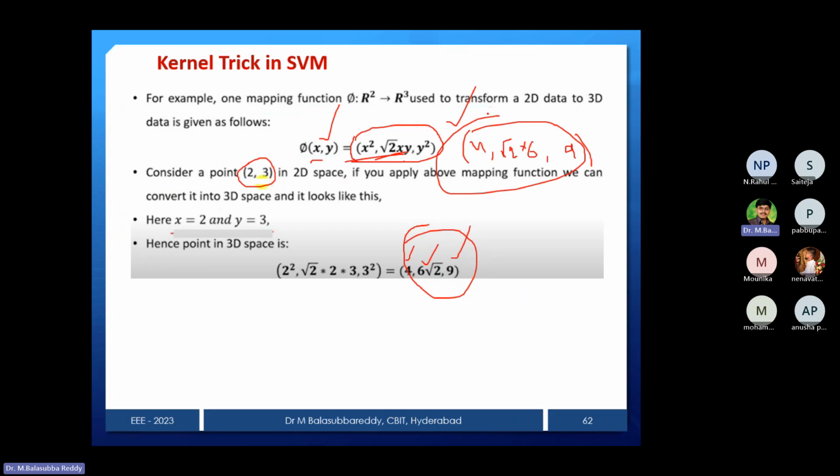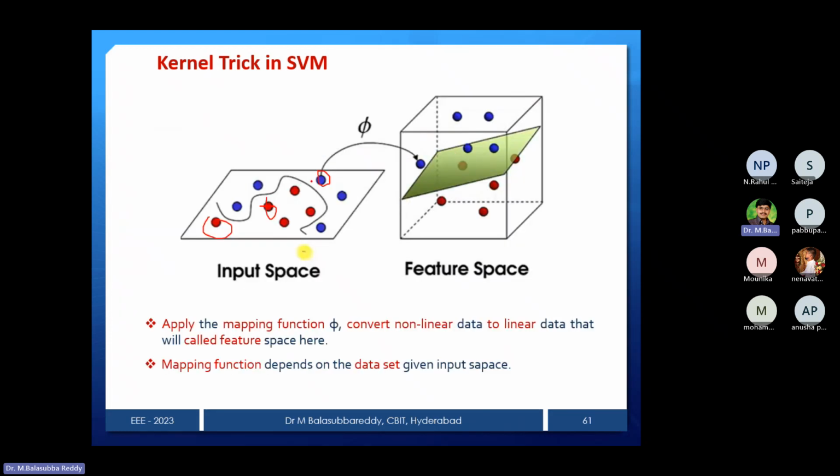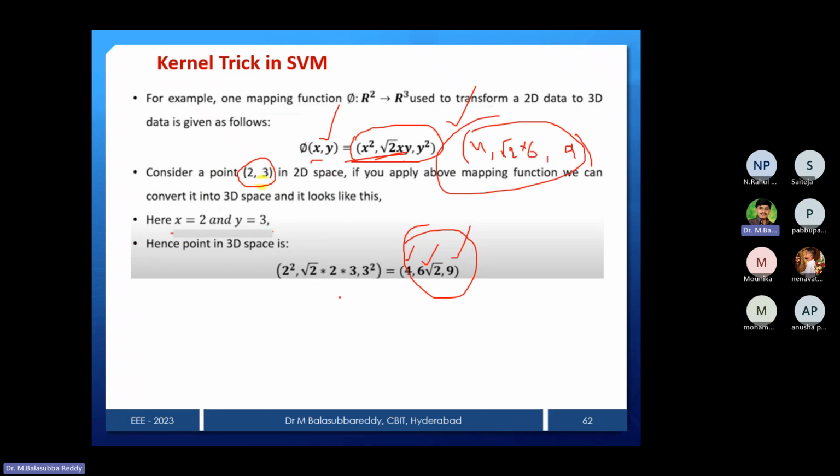But the problem is the data points are not that few. There are lakhs of data points, because it is all about data sets, and for each one you have to do this, which is a little bit complicated.